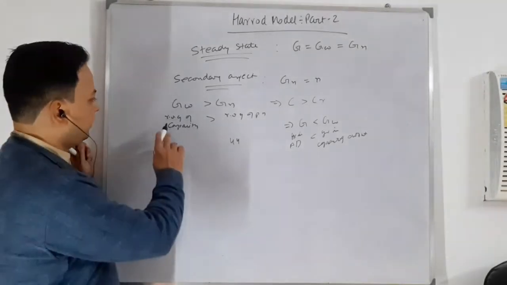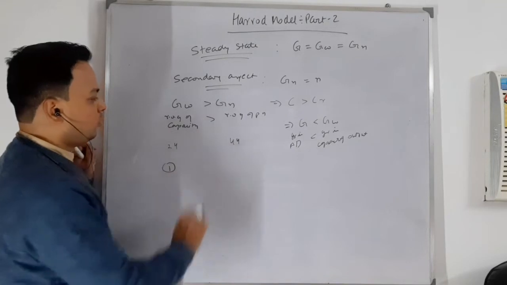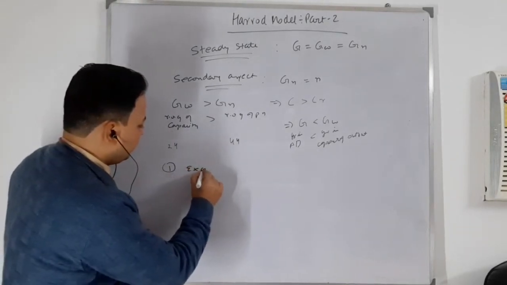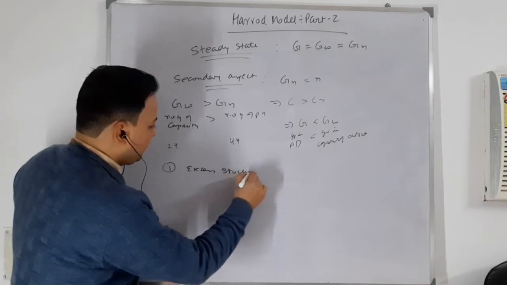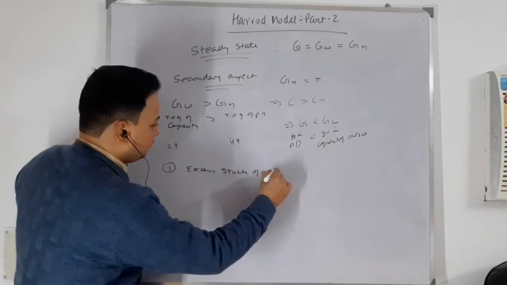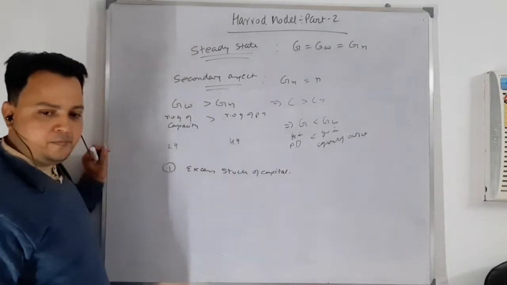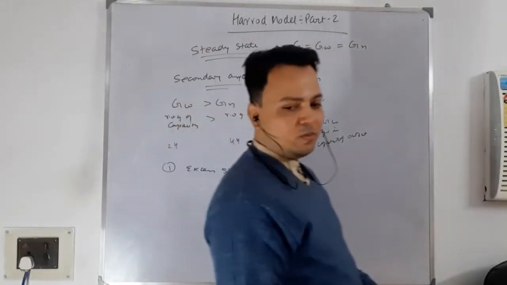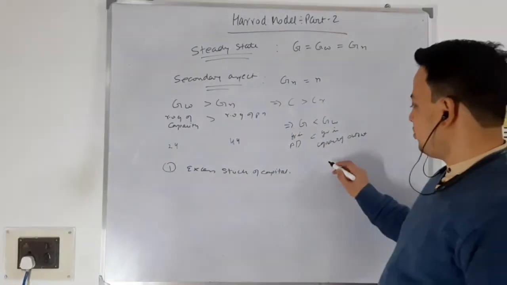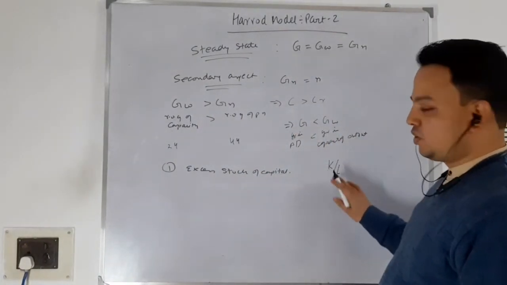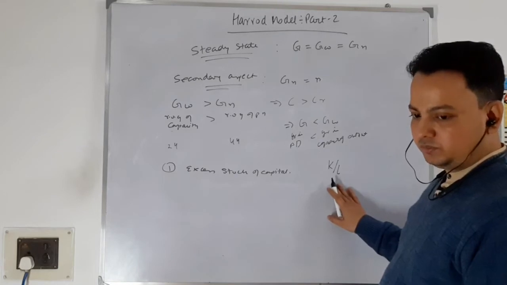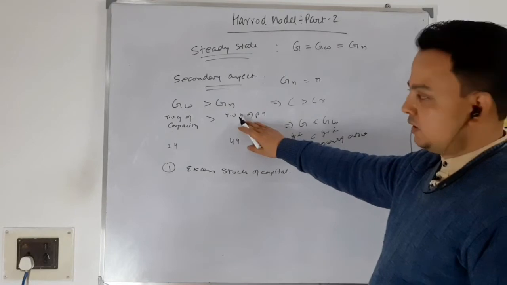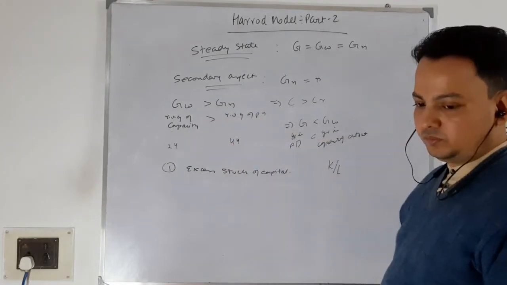Now look at this one. Growth of capacity is more than growth of population. So I have excess stock of capital in every period. Clear? If you remember, I have talked about that: you require a fixed proportion of capital and labor to produce output. Now, growth of population is less than growth in capacity output.